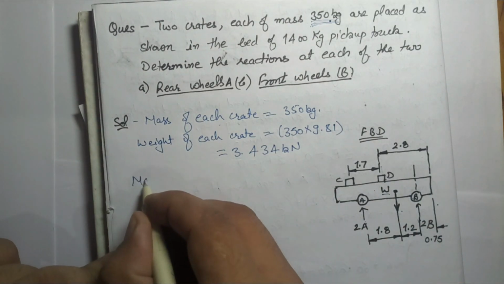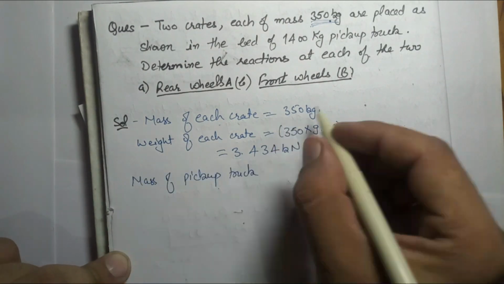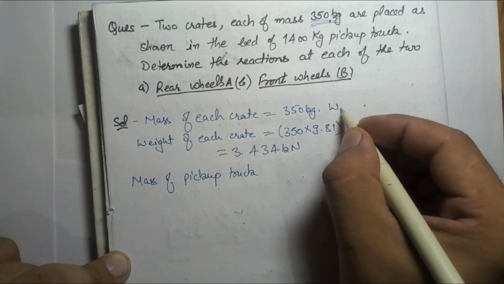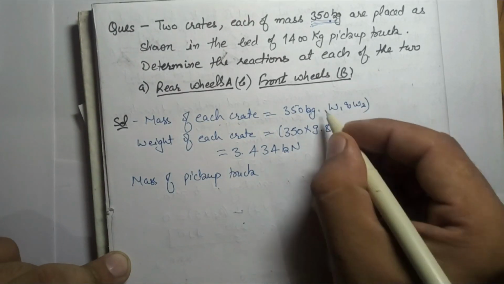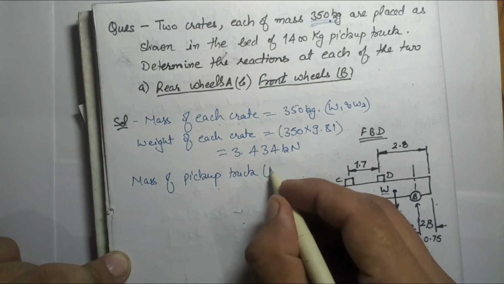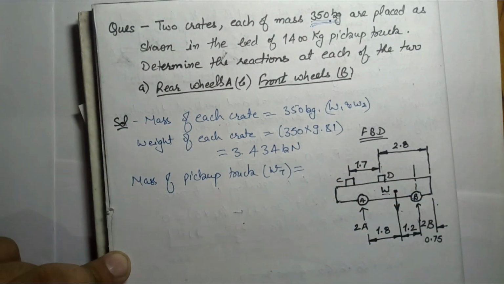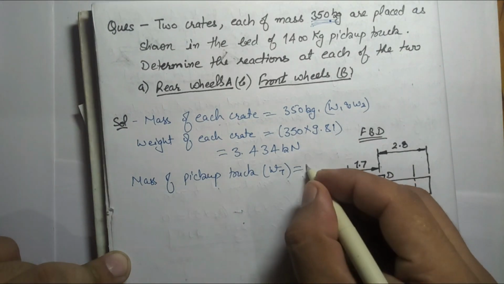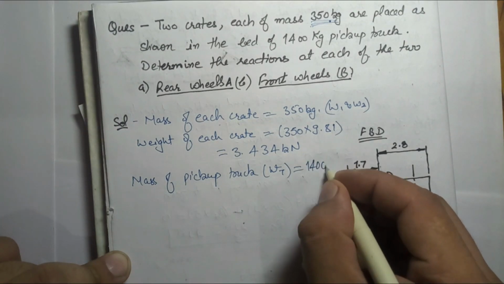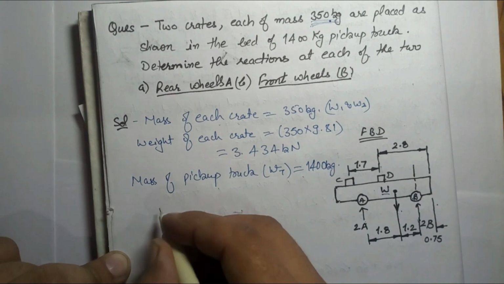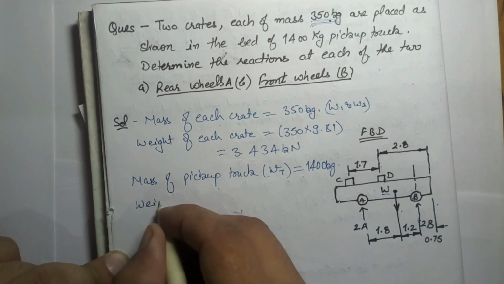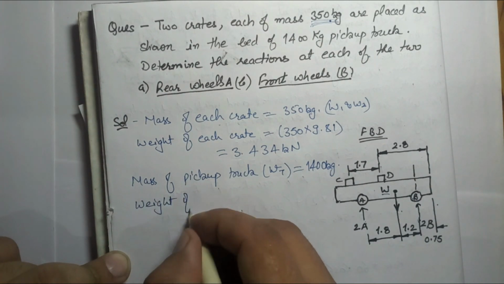Now we have the mass of the pickup truck also. Let's say these are W1 and W2, and this we just give the name WT, just a symbol to differentiate. Now this is 1400 kg. Again it is given as mass, so we have to find out the weight of the pickup truck.